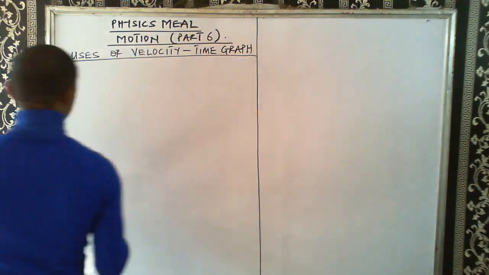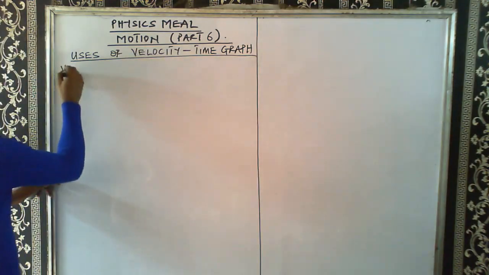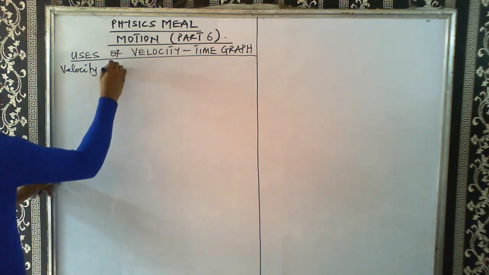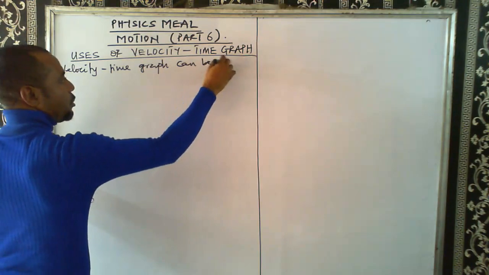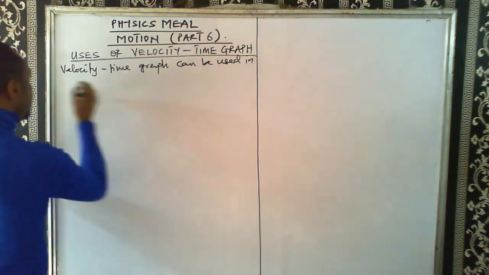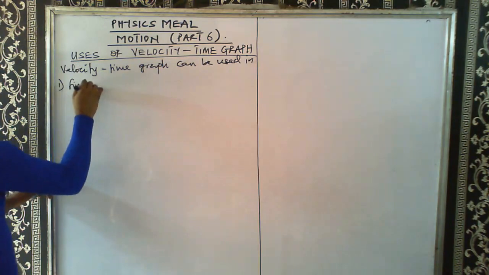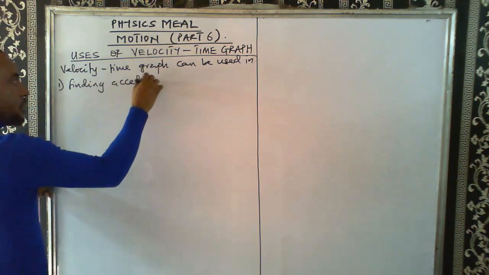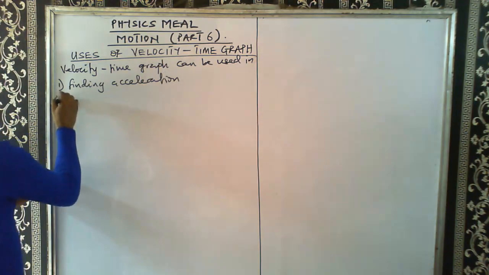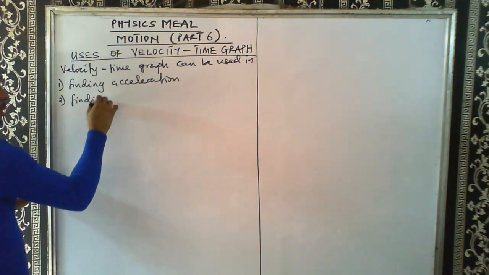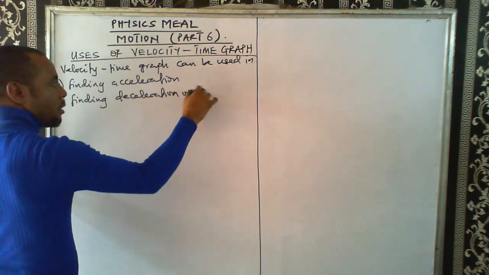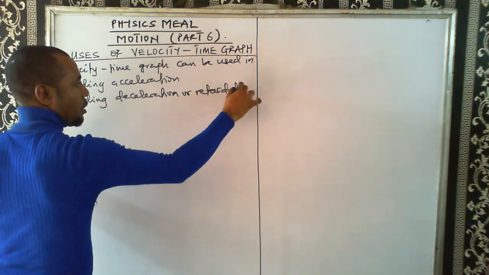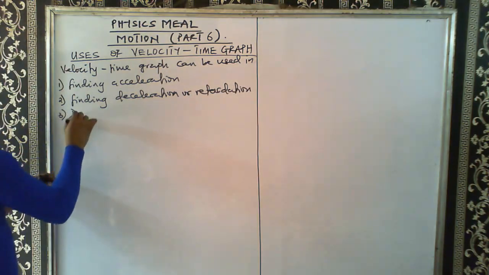So velocity time graph or speed time graph can be used in, one, finding acceleration, two, finding deceleration or retardation, and then three, finding distance.